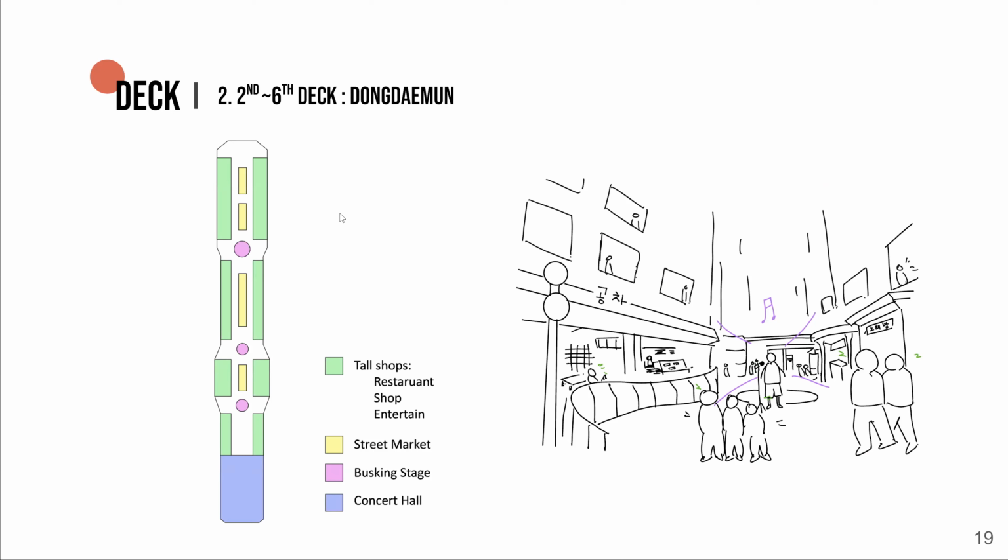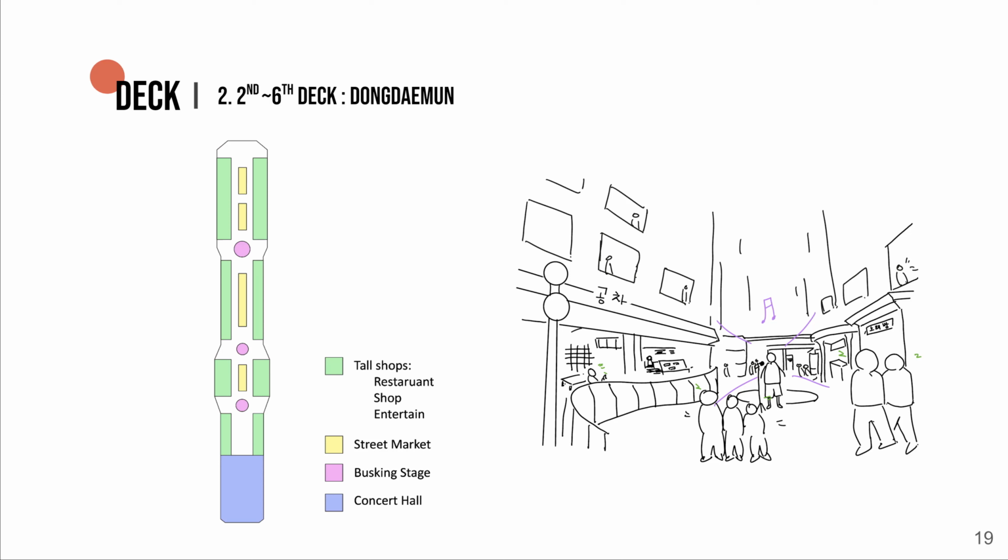So the Dongdaemun Street will take the second to the sixth deck of our cruise ship. And the main reason is we wanted to emulate what a normal Korean market street looks like.